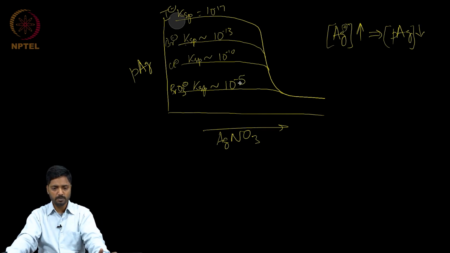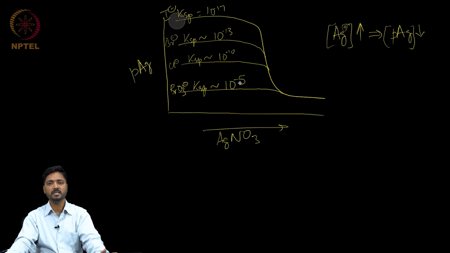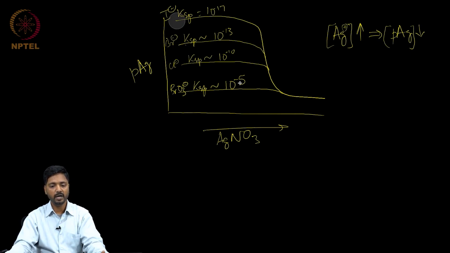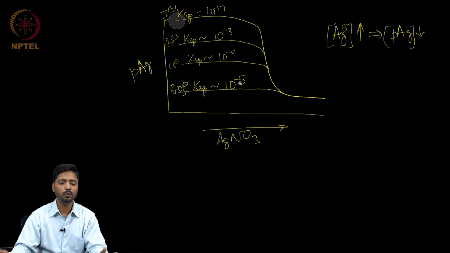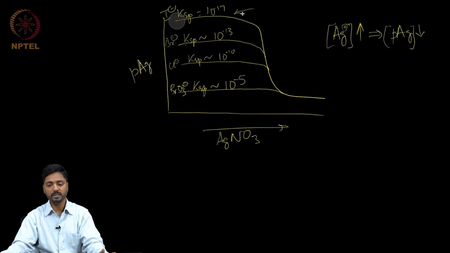So, what we observe here is that the KSP is in this case analogous to the Ka value in the case of acids, and we require that the lower the KSP value, the sharper will be the transition during the titration.